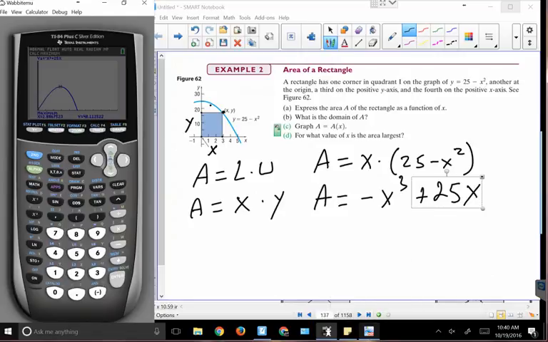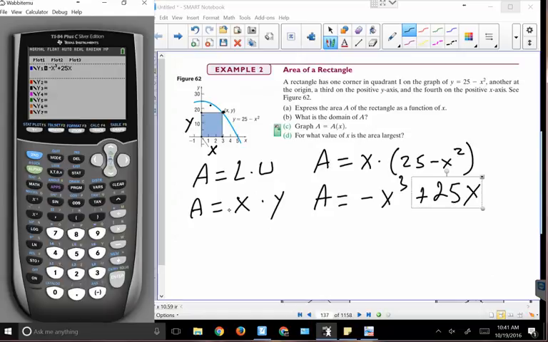How is that finding the area of the rectangle? Okay. Well, you recognize that this peak right here, that's the maximum value for the area, correct? Because that function is simply this from here, correct? Which is our x multiplied by our y.